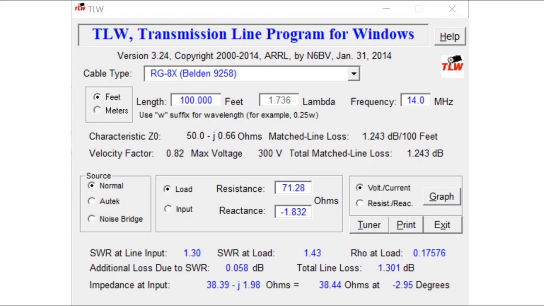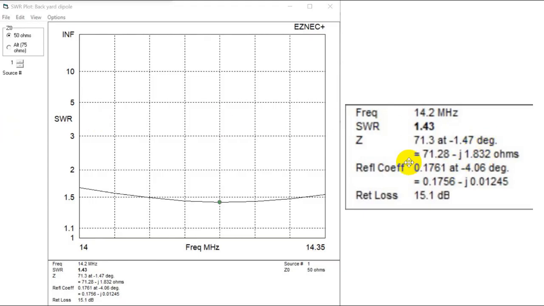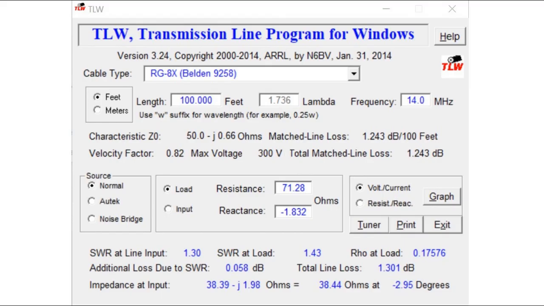So what I'm saying is, it is possible, if you know the length of your feed line and what kind of feed line it is, you can determine what the actual impedance is at the load. Notice here that the load has something near 70, and by the time you get it back to the input, it's 38. You go, wow, okay.